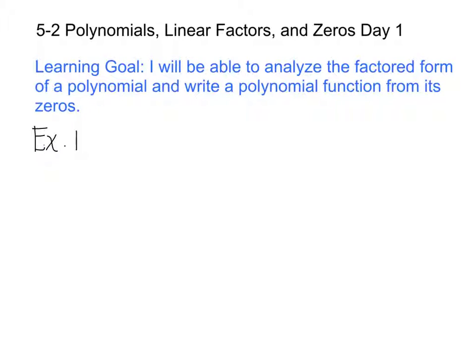So basically, we have to go back over factoring because that's what you're doing. The first thing that you always want to look for is a GCF. So looking at this, our GCF is x.